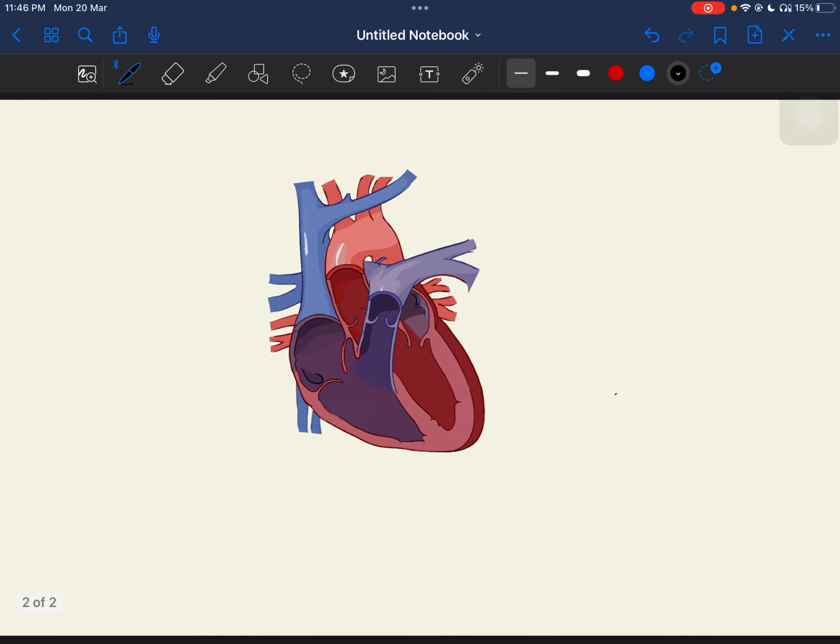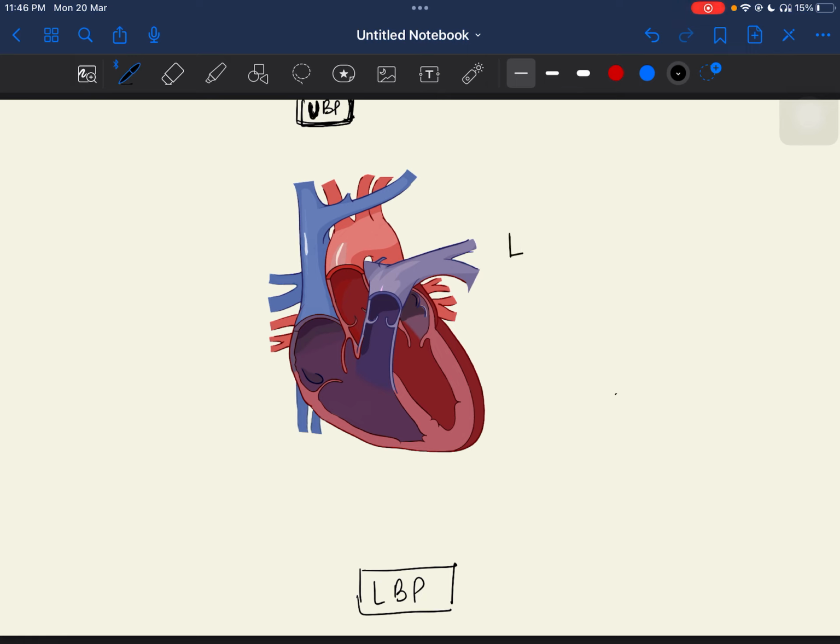So this is the lower body part, and this is the upper body part. I can't draw neck, head, and shoulder, but please assume this. So it will make you visualize good.